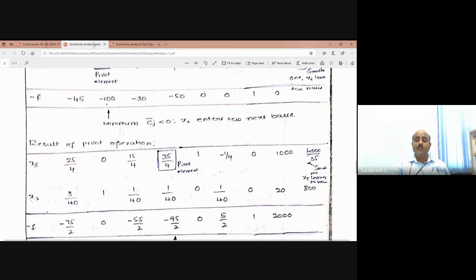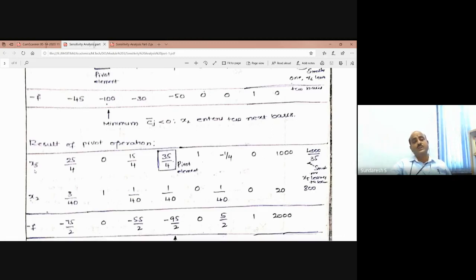The smallest value is 4000 divided by 35, so consider this as the smallest element, and the corresponding variable is x5. So x5 leaves the basis. Previously we showed that x4 enters the basis, and now we have got x5 leaving the basis.